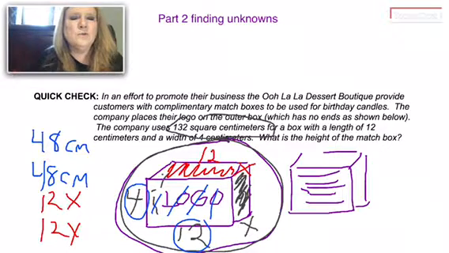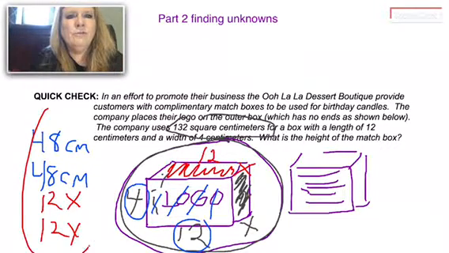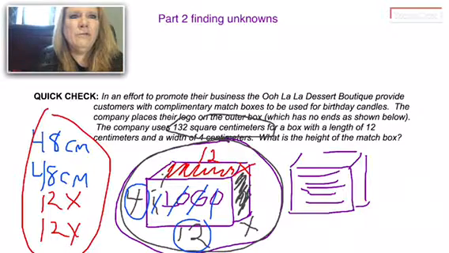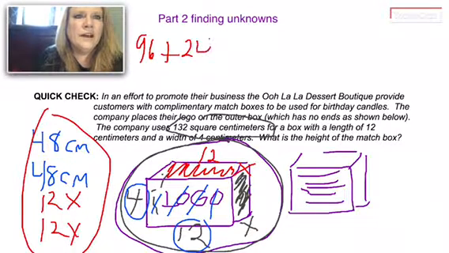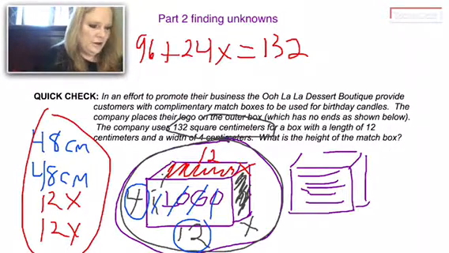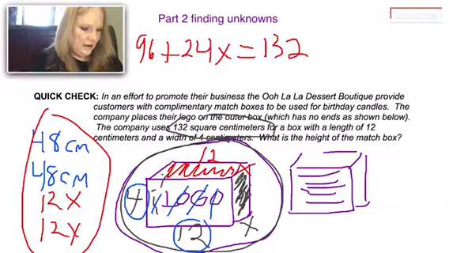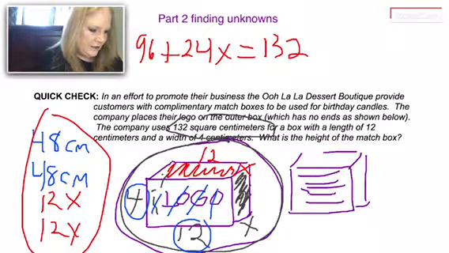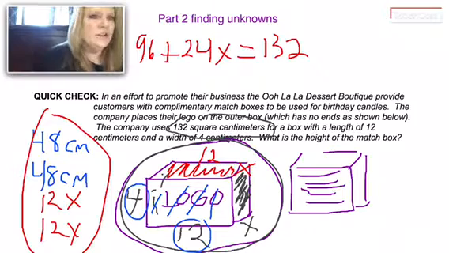So what I do know is when I add up these 4 dimensions, 48 and 48 is 96, and I add that to 12x plus 12x, which is 24x, I get a total of 132 square centimeters. So 132 minus 96 is 36.